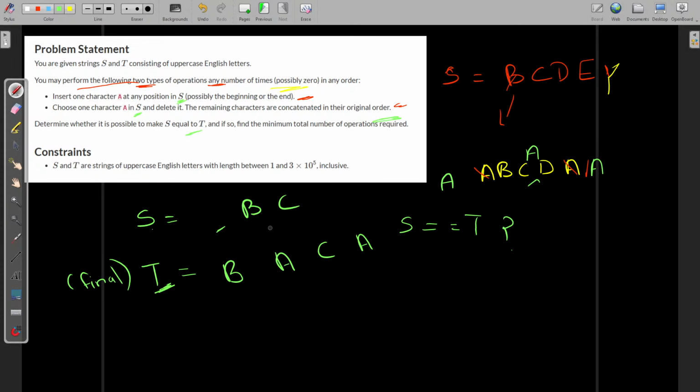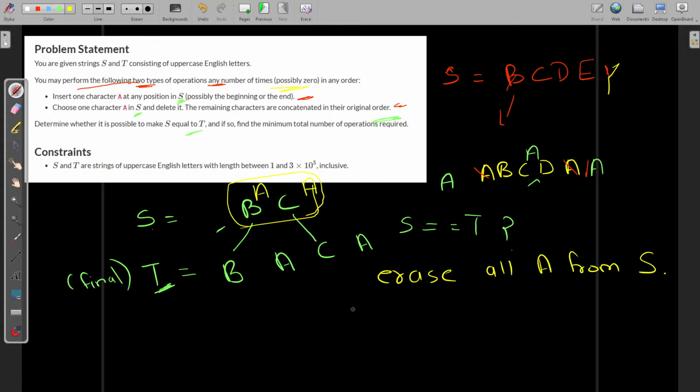Now I will insert A. You can see this B corresponds one to one. Here this C corresponds one to one. Here A is missing, so I will add a single A over here, and a single A over here. This way we will have S equal to T. So we have a solution. This might be one of the possible solutions: erase all A from the first string S.